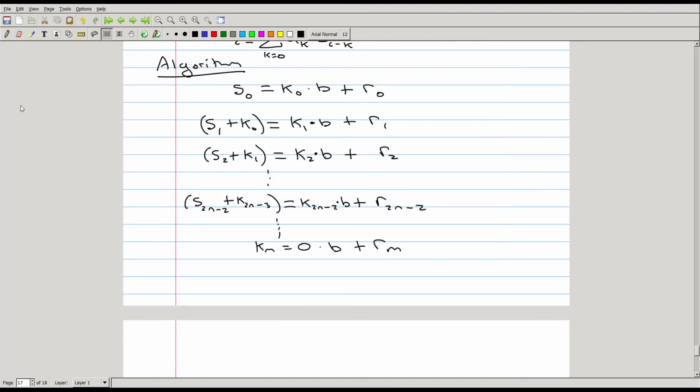So the number A times C base B will be Rm minus 1 all the way down to R2, R1, R0.